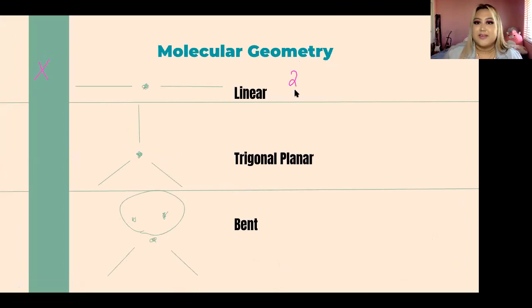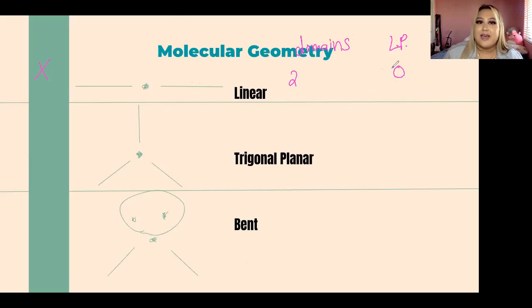Let me just make it as a table. Domains, lone pairs, I'll just do LP, and then bonded pairs. So we have 2 domains for linear. How many lone pairs for linear? 0.